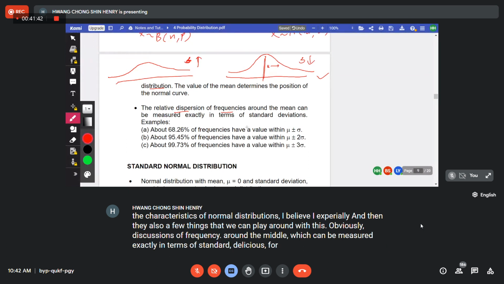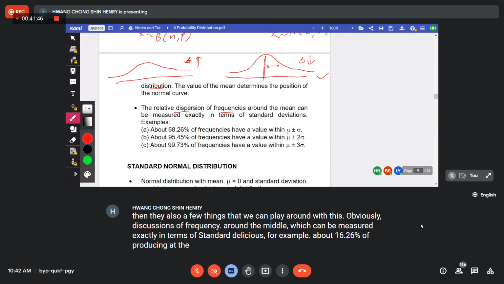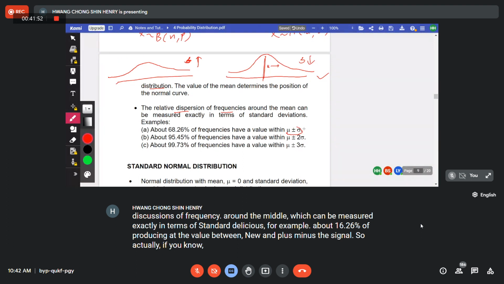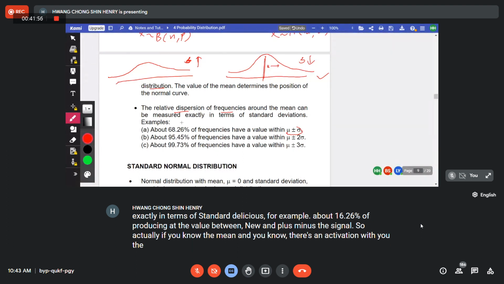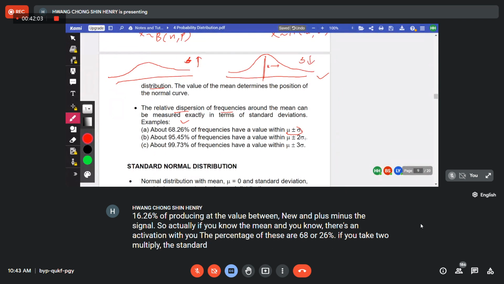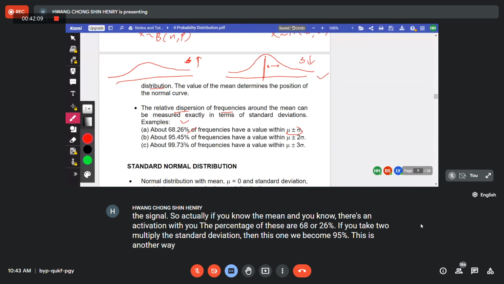For example, about 68.26% of frequency have a value between mu plus minus sigma. If we take 2 multiplied by the standard deviation, then this one will become 95%.